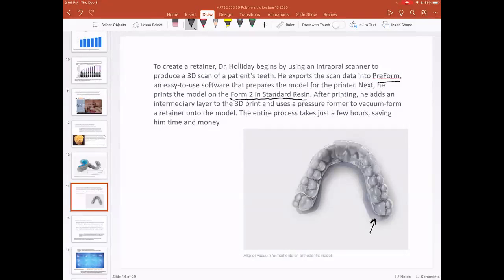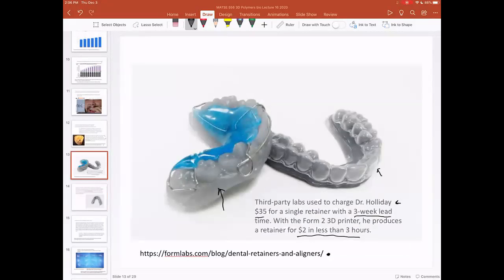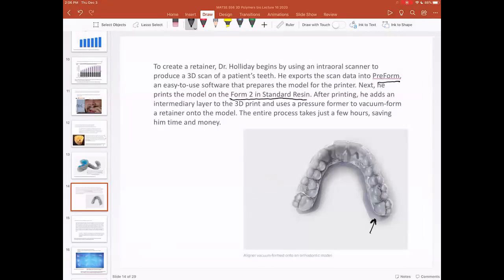So he's printing a model of the tooth. The gray stuff is a model of someone's teeth. And then what he uses is a pressure former to vacuum form a retainer onto the model.